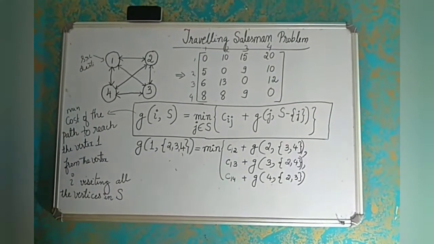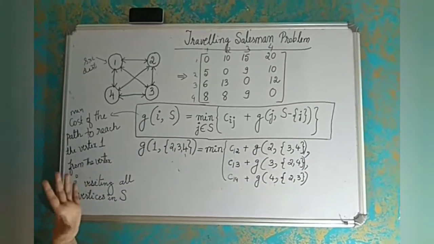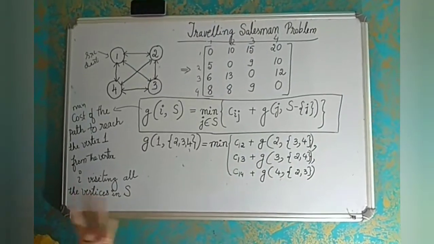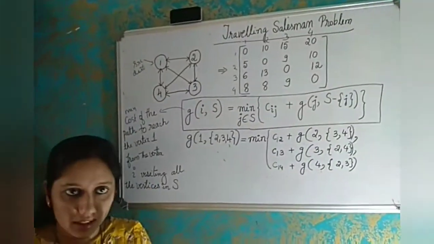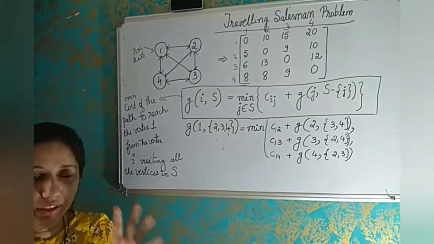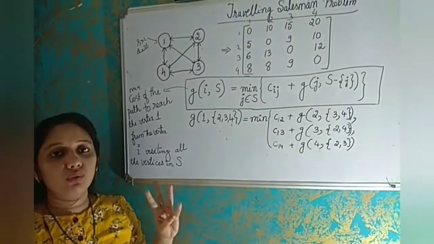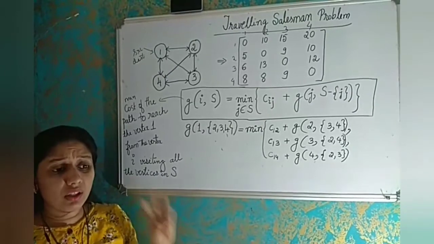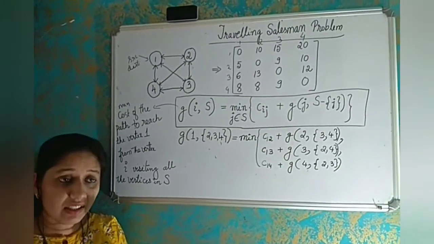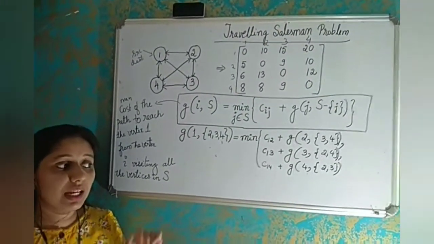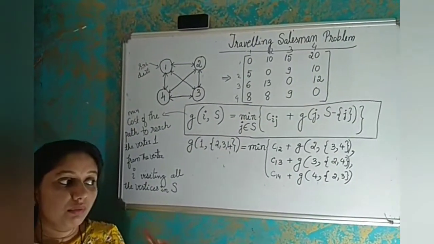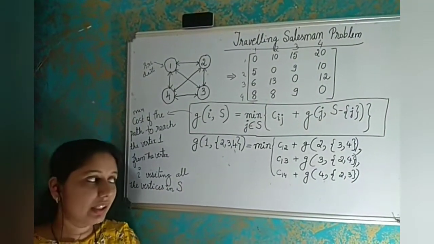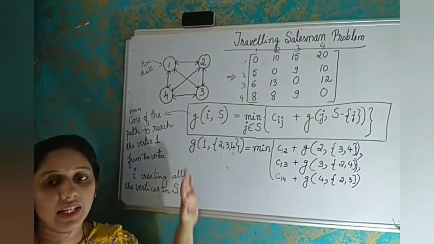In that example we considered 4 items. Our intention was to find the value, that is the profit gained, when you consider 4 items. What is the total profit gained if there are 4 items and the capacity of the knapsack bag was 5? But to do that, we constructed a table.